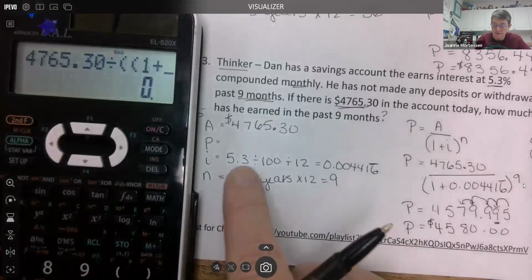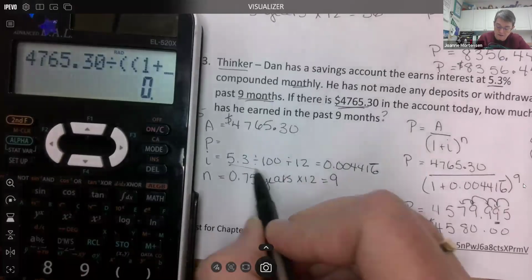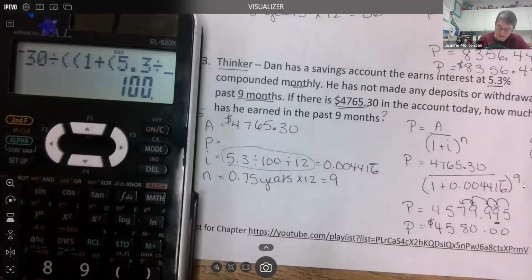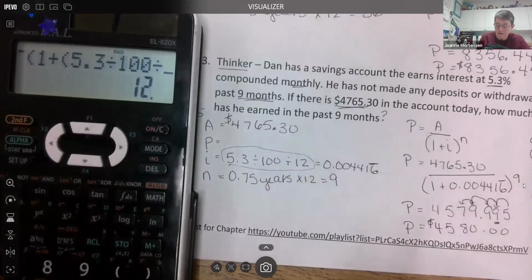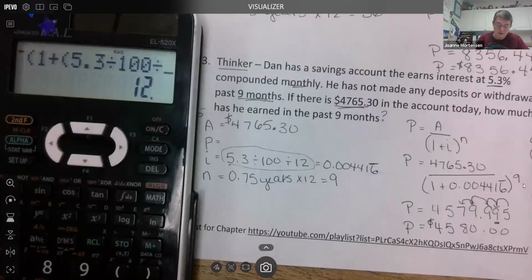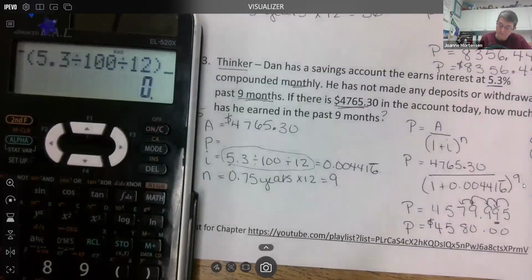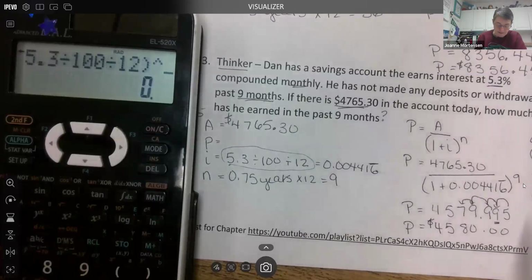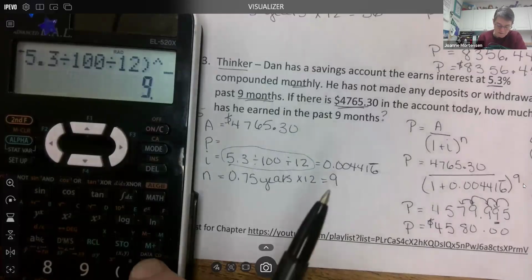I'm going to put all of this part in some brackets. I'm opening a new one. 5.3 divided by 100 divided by 12. In other words, I'm recalculating the i, but I'm putting it in my formula so that there's not going to be any rounding. Close my bracket. And then I need to do caret 9 and close.